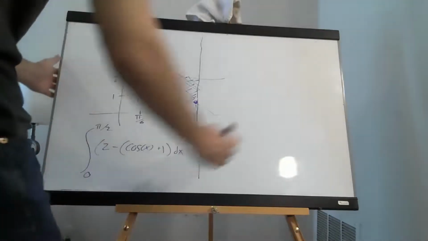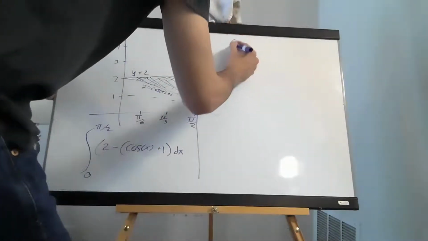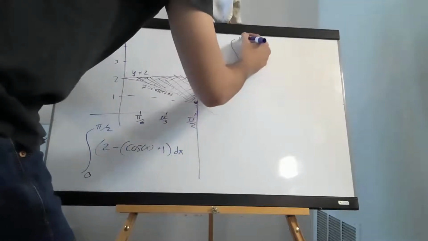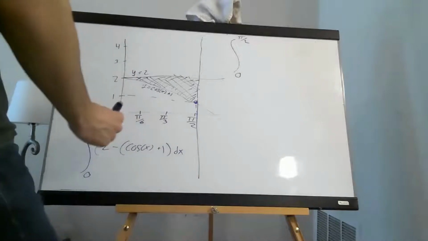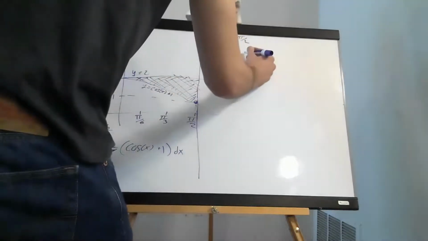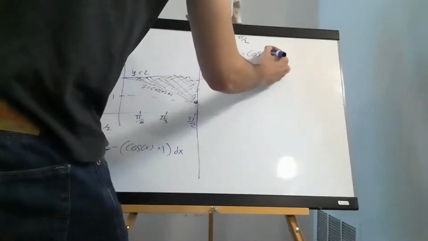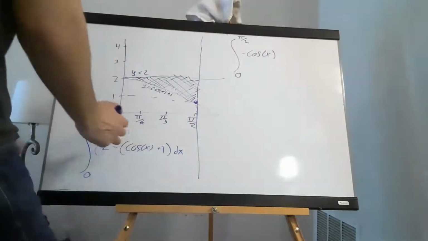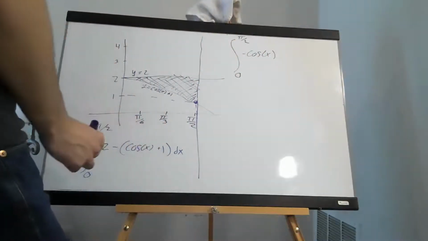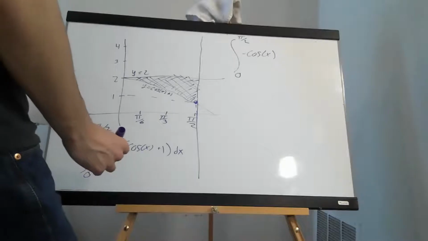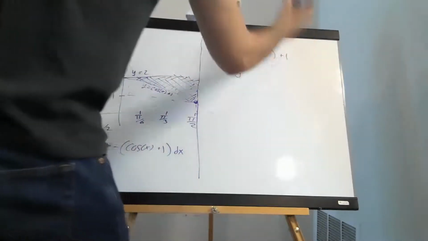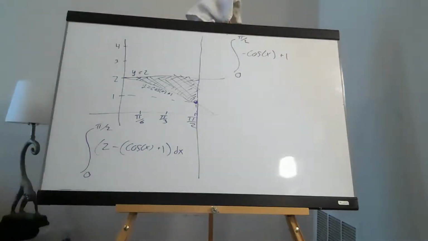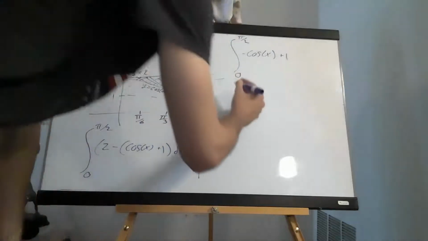So now let's go up here and simplify a few things. So 0 to pi over 2. So we got 2, we got negative cosine of x, and then minus 1. So 2 minus 1 is 1. So plus 1. Okay, so that's real easy for us, isn't it?